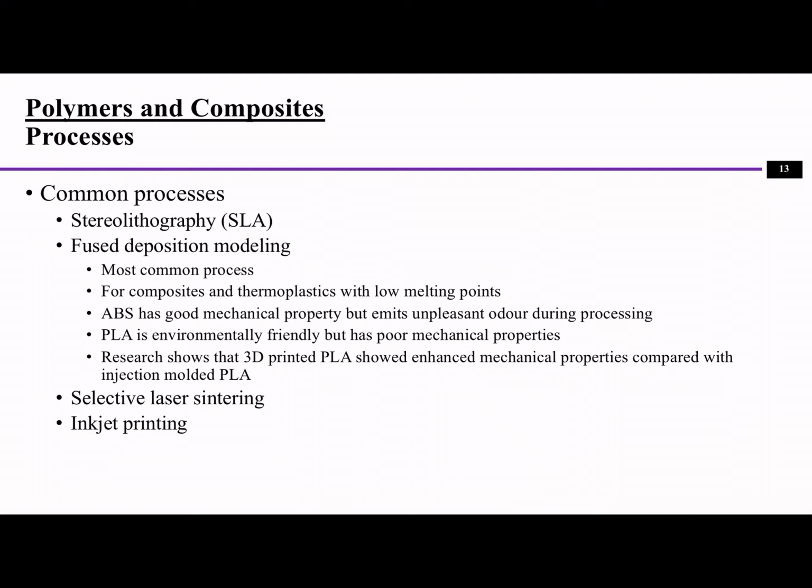In terms of fused deposition modeling, this is the most common process we see a lot in our lives. For composites and thermoplastics, usually we use them because they have low melting points, and if it's a higher melting temperature, it requires the nozzle to have a higher melting temperature, and that might cause some fluid or deposition issues as well.